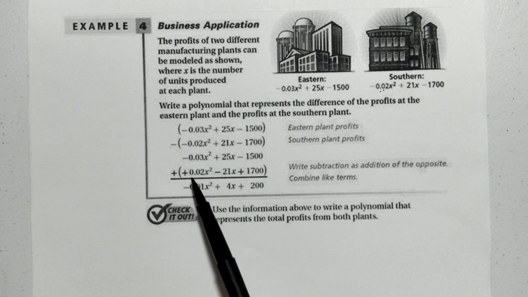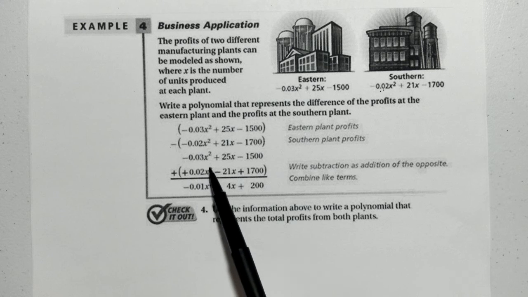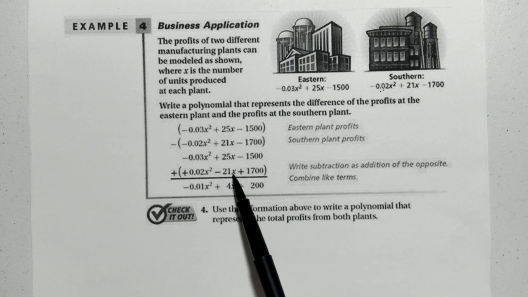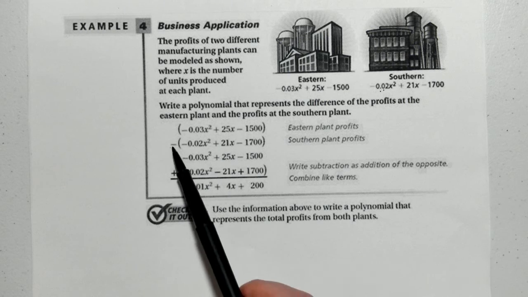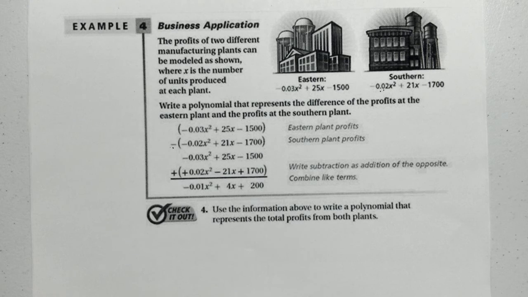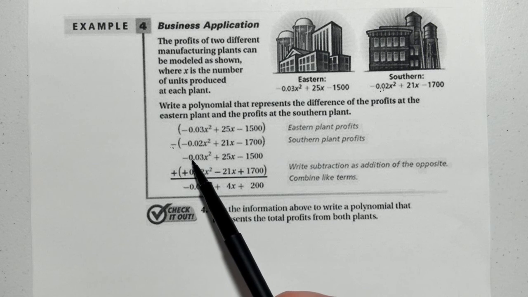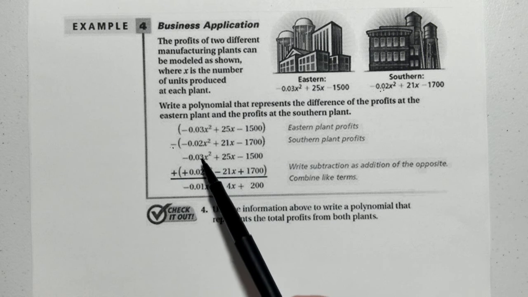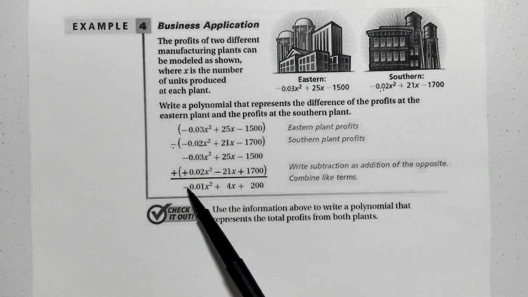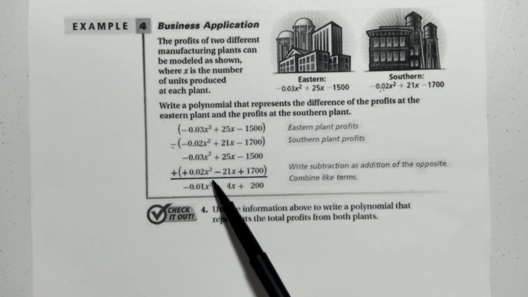Negative times a negative is a positive. So positive 0.02x squared. A negative times a positive will be negative. So minus 21x. Negative times a negative is a positive, so a positive 1,700. So now I'm going to add negative 0.03 plus 0.02 gives you negative 0.01x squared.